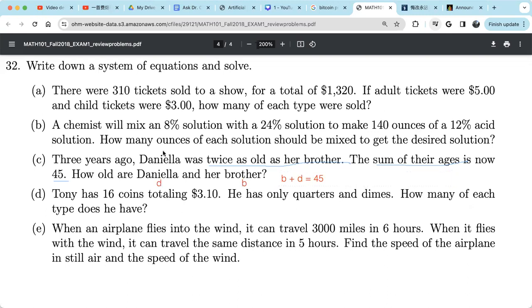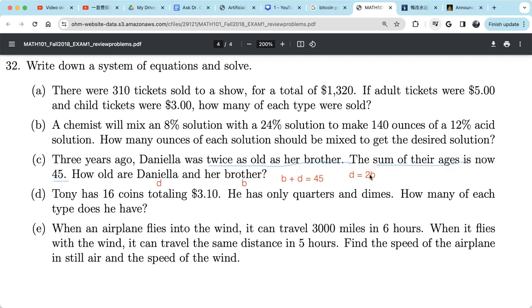That's the first one. Then we have another condition: Daniela was twice as old as her brother. So for the second one, D equals 2B, right? Because twice as old as, that's 2B. So we just use substitution.